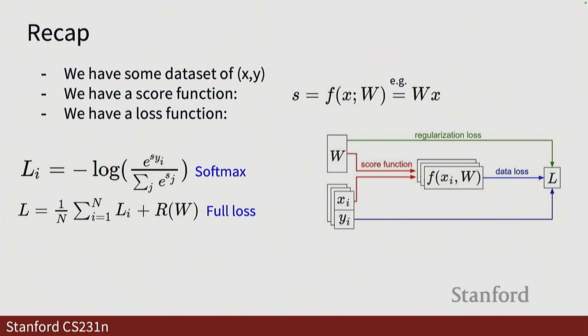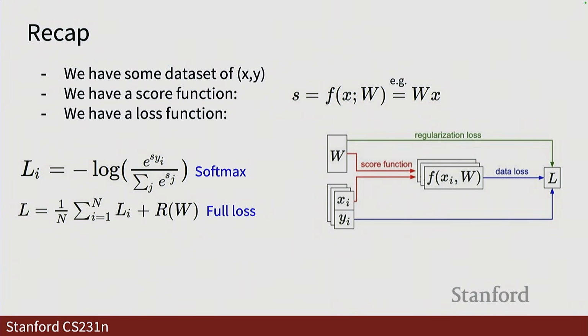So I'm sure you now remember what we talked about last time. We said how we can form the objective functions, or loss functions as we call them here, and then we talked about regularization.